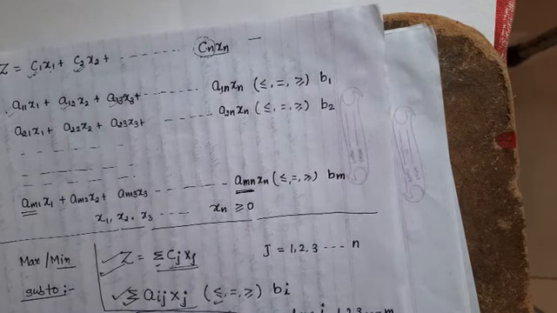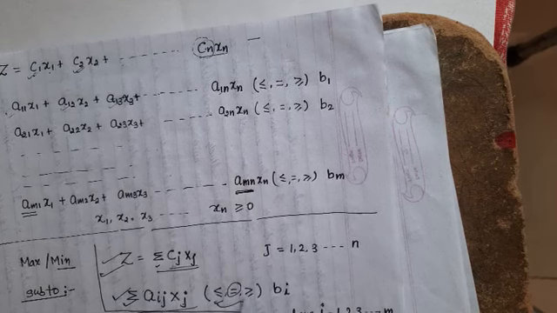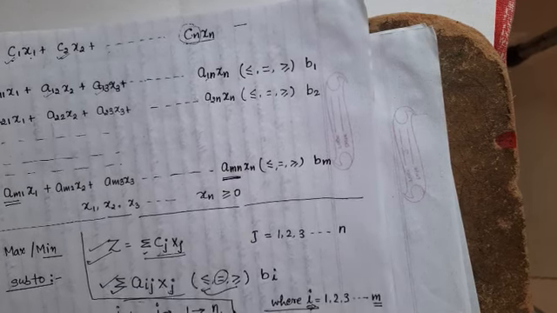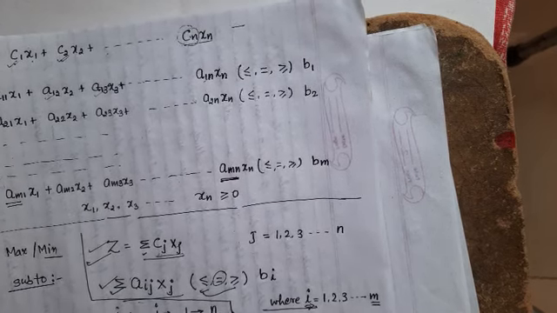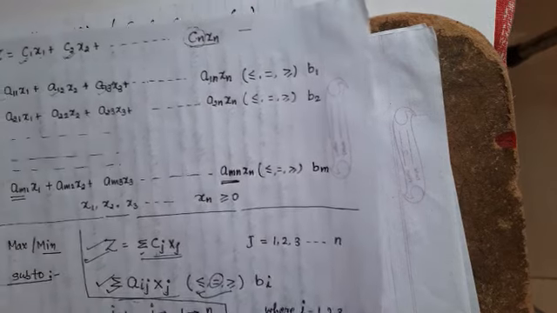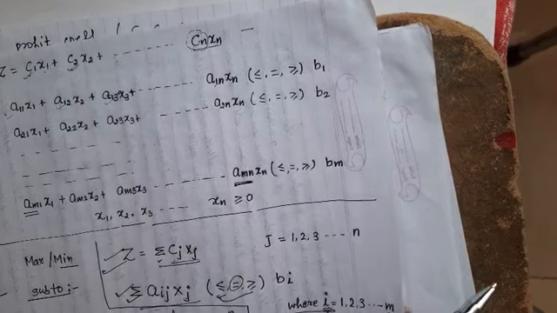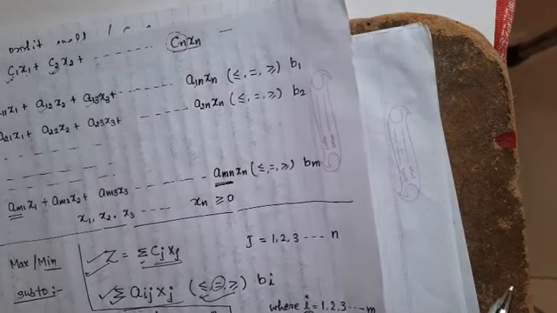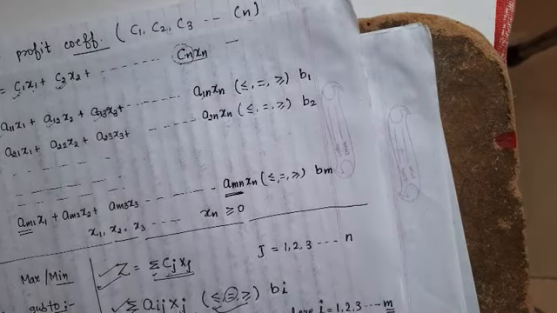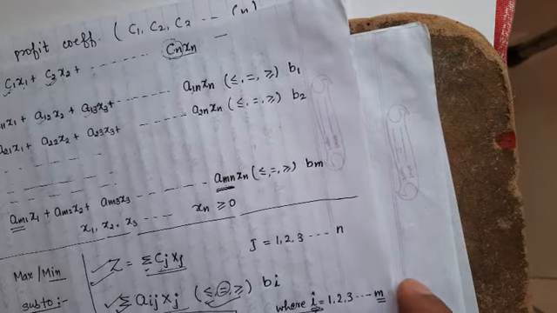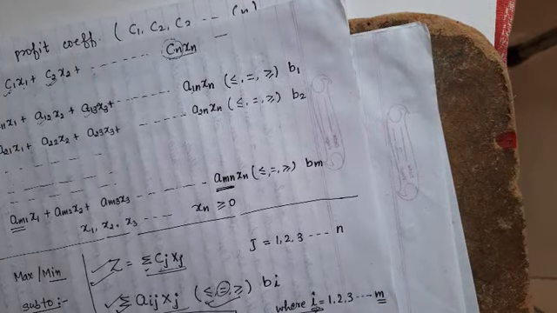They may be of equal or unequal type, and finally you have to check the non-negativity of the constraints. So this is the general form of the linear programming problem. In the next video we will look at how to solve these linear programming problems. Thank you.